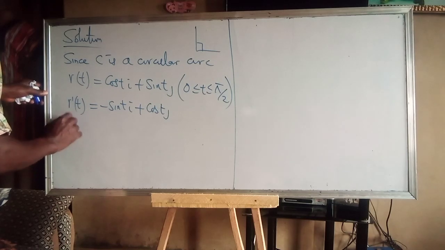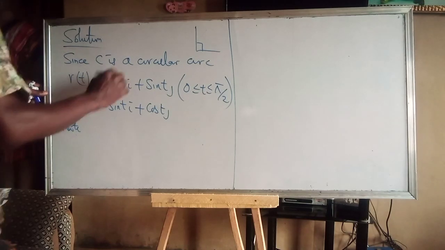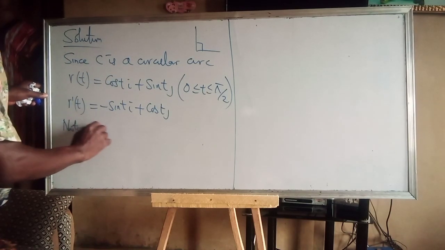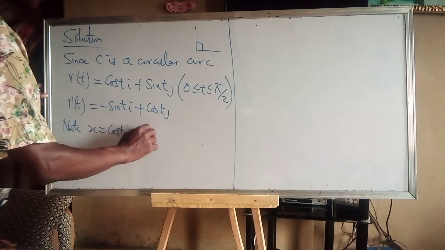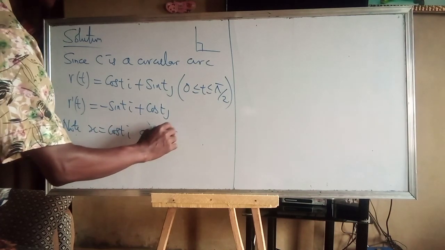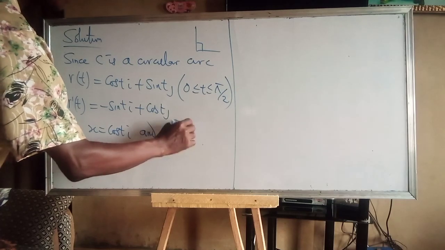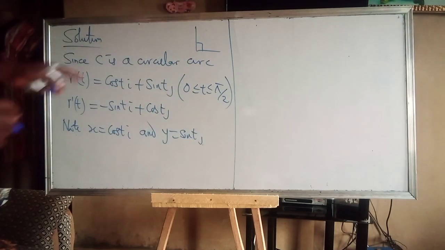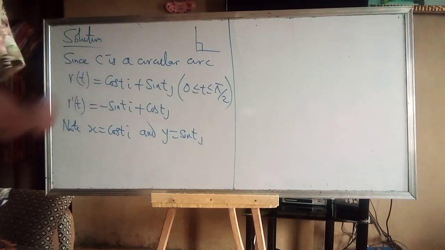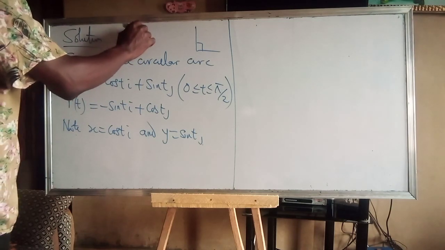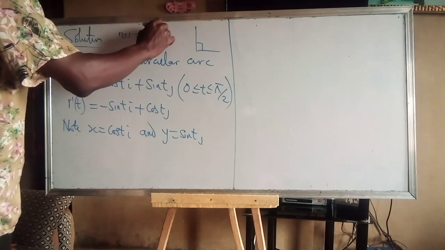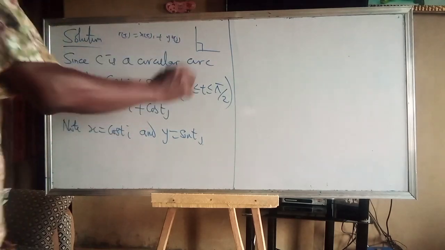Note, our x is cos t, and our y is sin t. You can see from that representation, because r of t is usually x of t i plus y of t j.